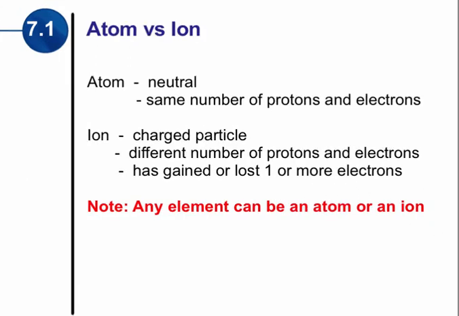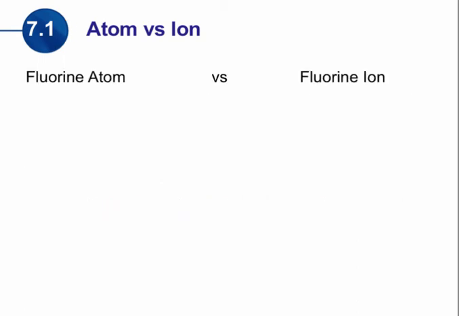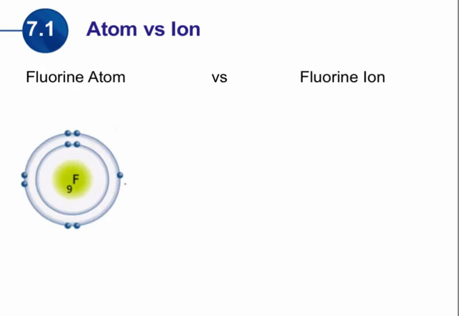So let's look at this as we compare an atom to an ion. And we're going to look at the fluorine atom versus the fluorine ion. Now, the fluorine atom, if we were to draw the Bohr diagram, would look like this. There's your fluorine atom.